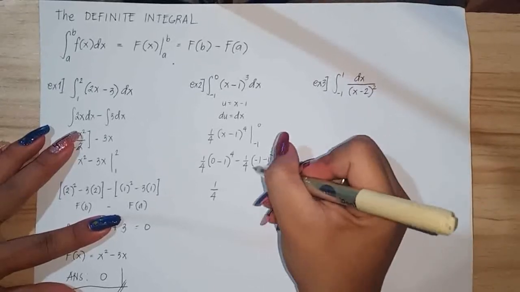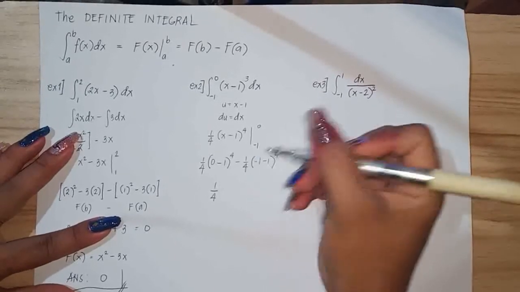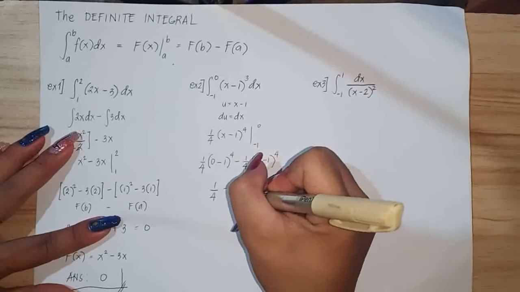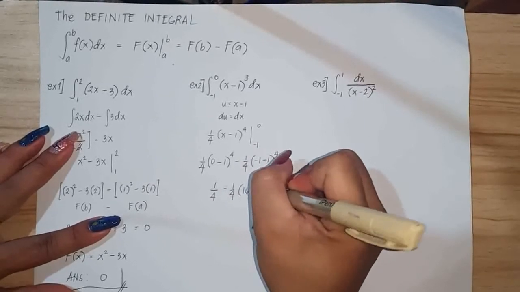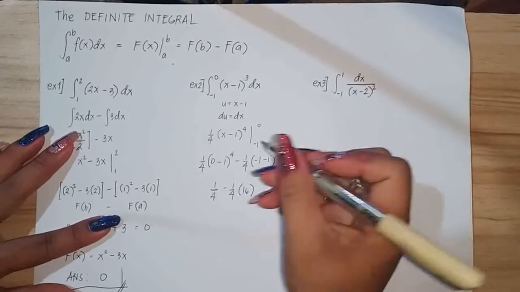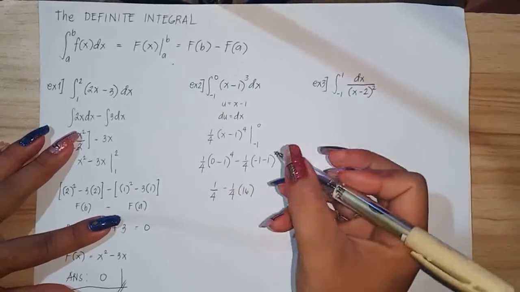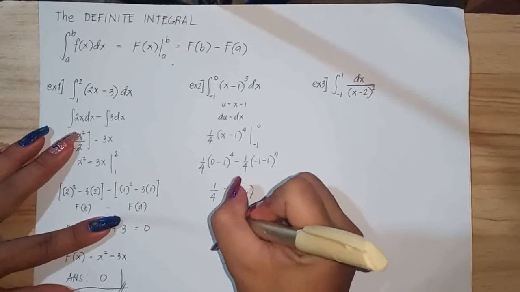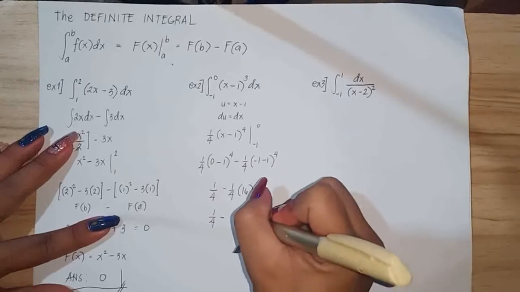Then you will have times a -1/4, so -1/4 of 16. So 16 divided by 4 is 4. So you will now have 1/4 minus 4.